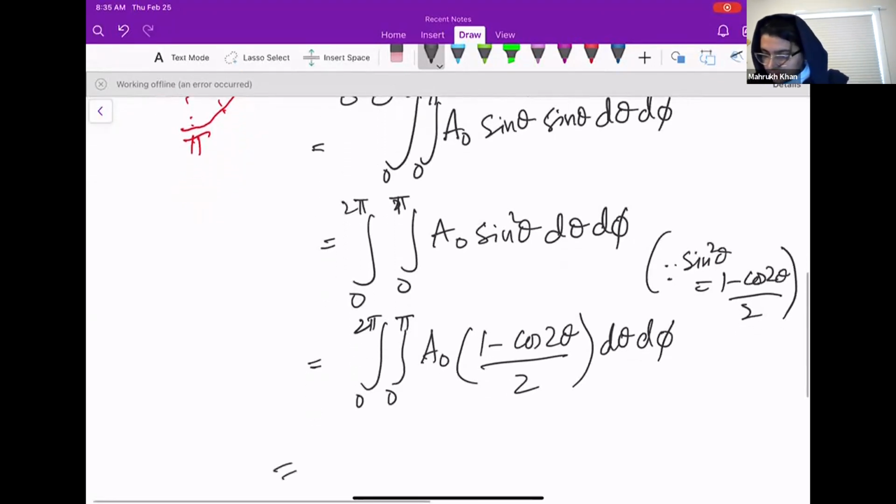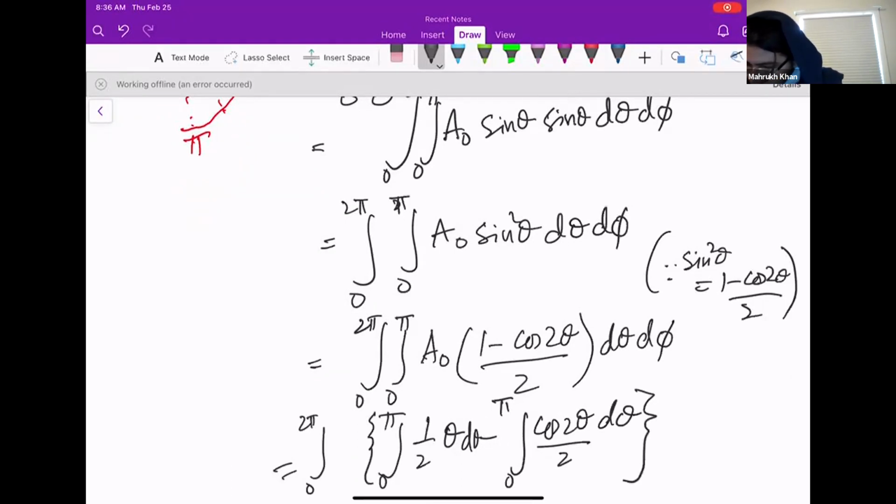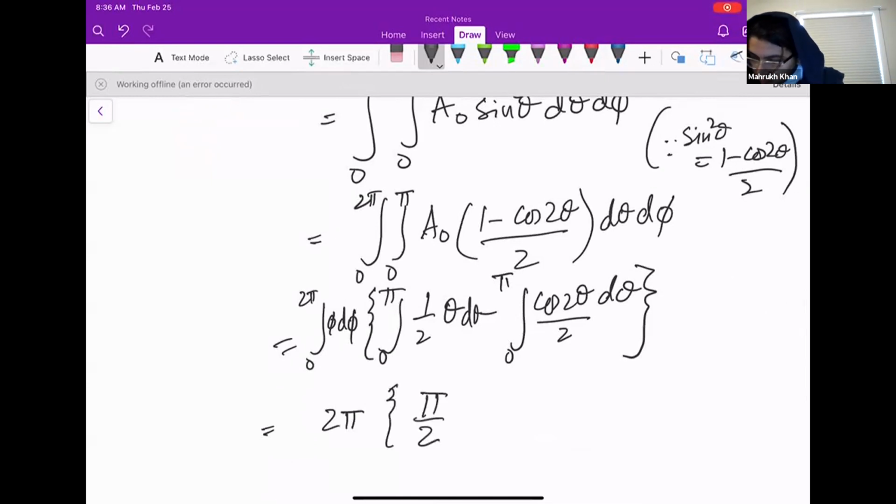And I will make it... I can also write... so this will become 2 pi, pi by 2 minus sine 2 theta by 4, from 0 to pi.